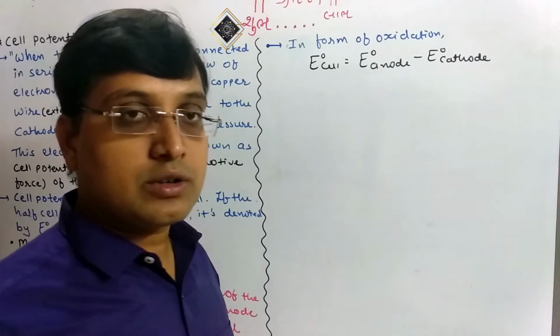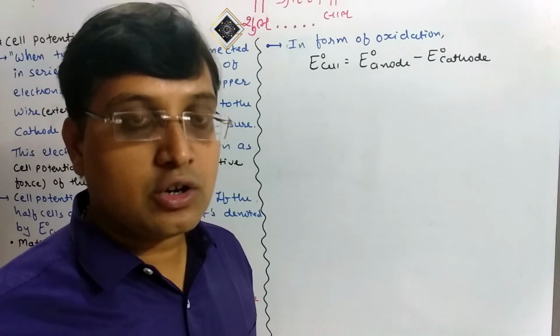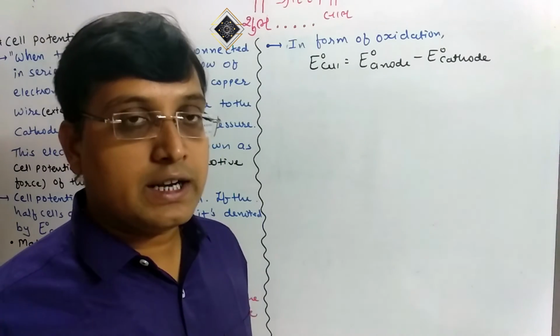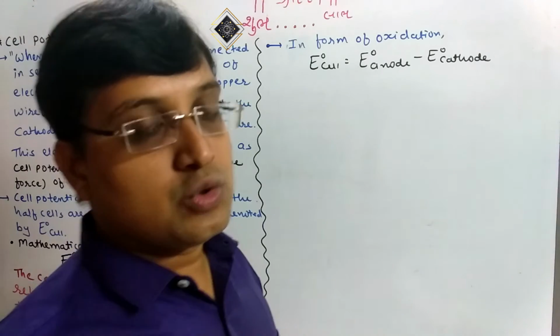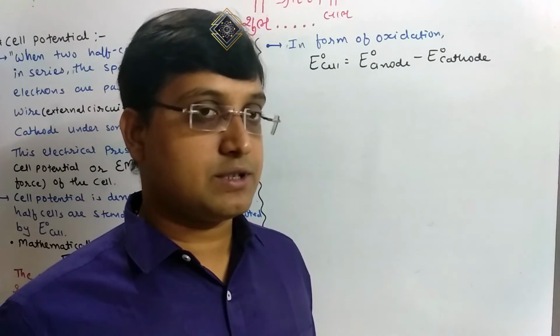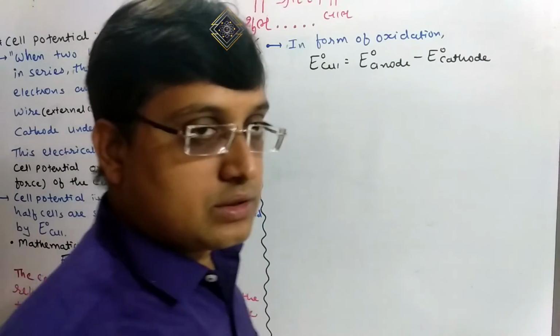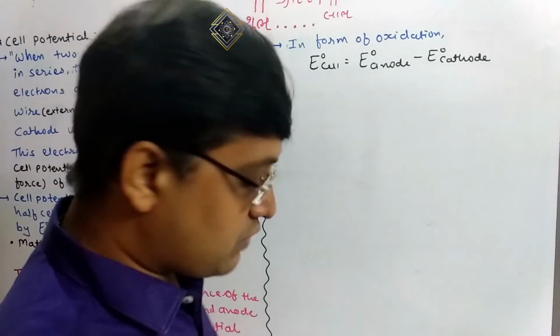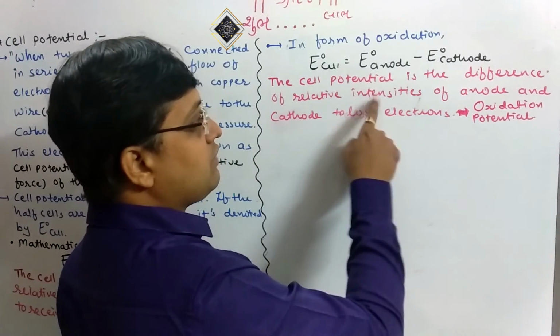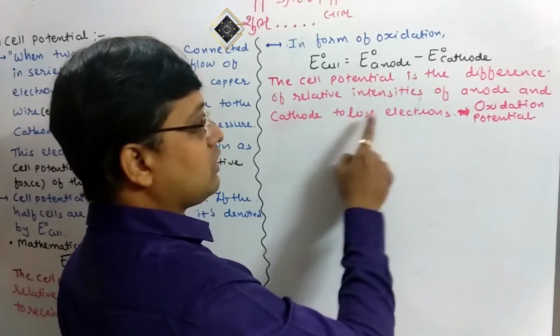Why is it so? Because anode experiences oxidation, cathode experiences reduction. That means the relative intensity to lose electrons of the anode half cell is more than the cathode half cell. Okay. In words we can write it in this way: the cell potential is the difference of relative intensity of anode and cathode to lose the electron.